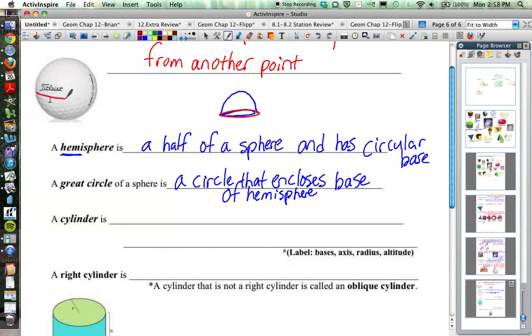Let's see, front, and then maybe I'll make the back dotted to give that perspective. So that's like the equator of our golf ball. And that would actually be a great circle, because on one side of the equator, you've got the northern hemisphere, and then on the other side of the equator, you've got the southern hemisphere. And that right there, the red part, would be the great circle.